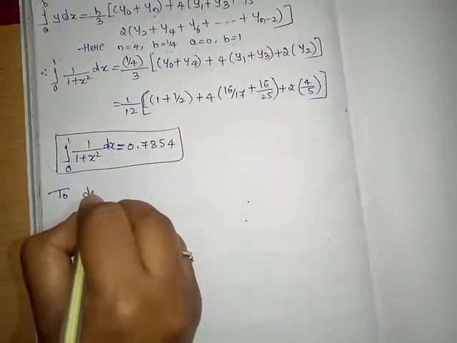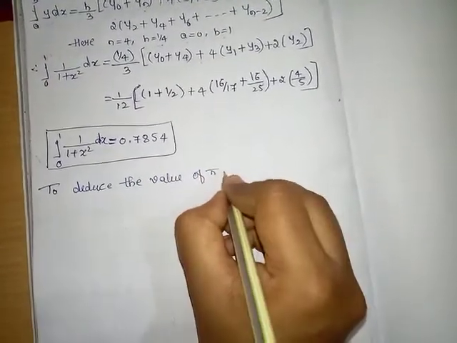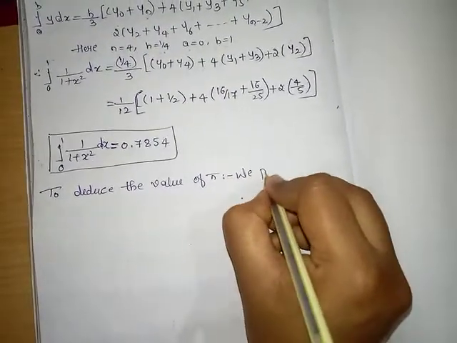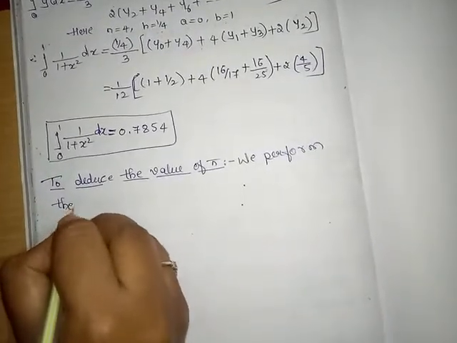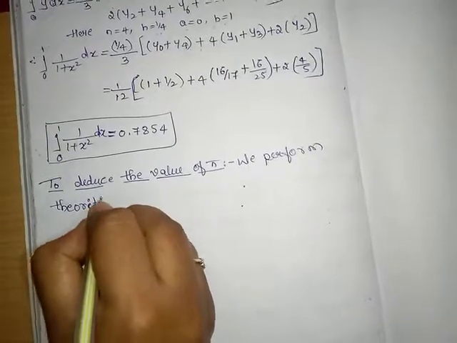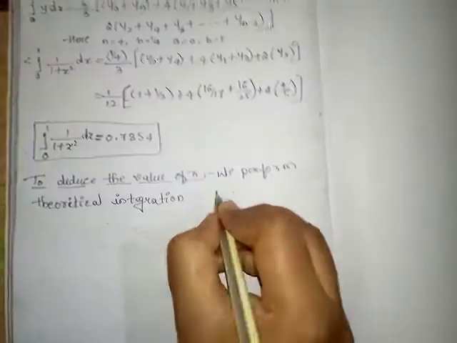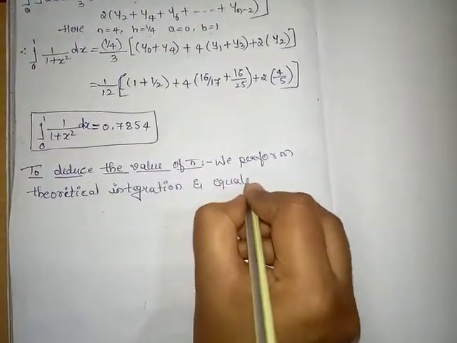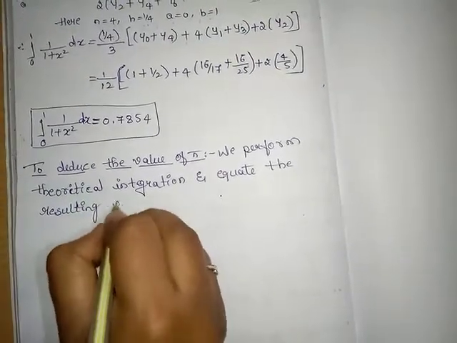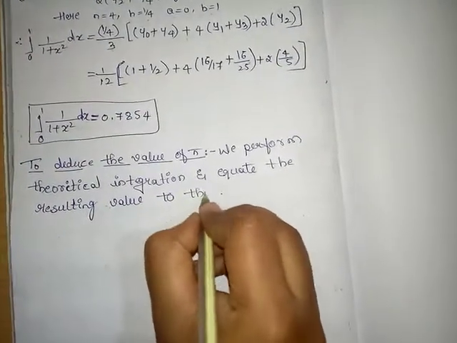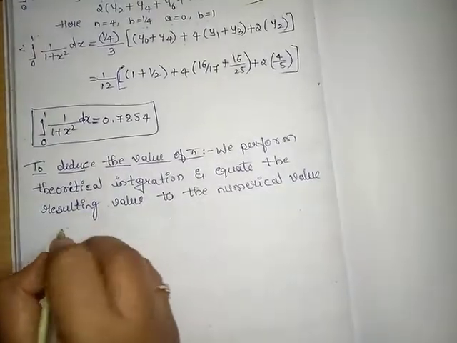To deduce the value of pi, we perform theoretical integration, meaning actual integration, and equate the resulting value to the numerical value obtained.